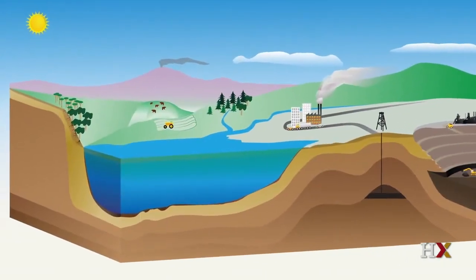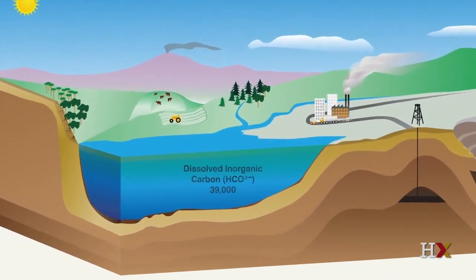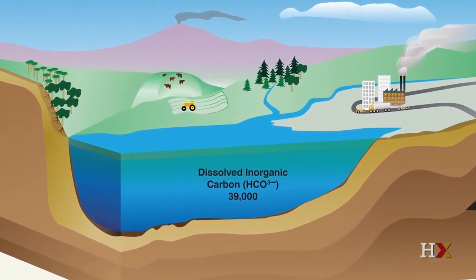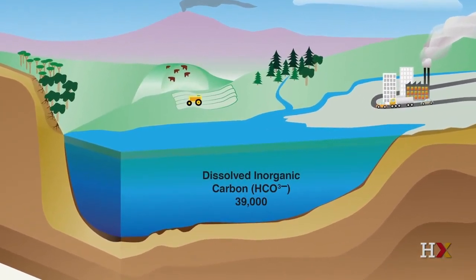But if we look at the ocean, the numbers get much, much bigger. Most carbon dissolved in seawater is as bicarbonate, HCO3-, and the total amount is around 40,000 billion tons. Enormous compared to the 600 or 700 gigatons in the pre-industrial atmosphere, and about the same in the terrestrial biosphere.